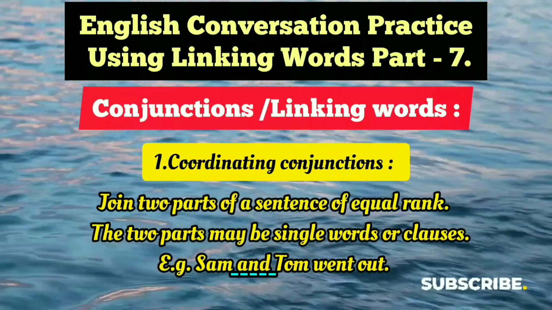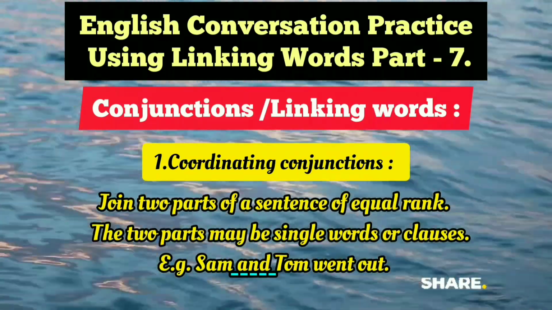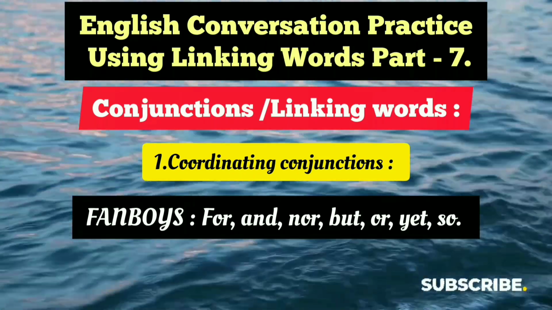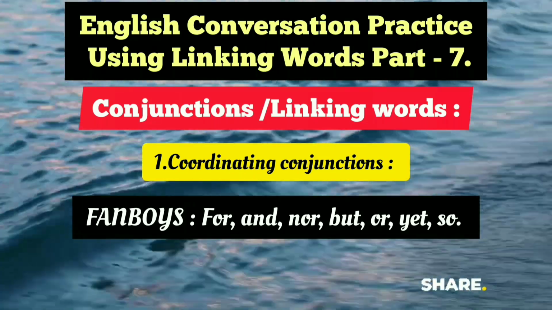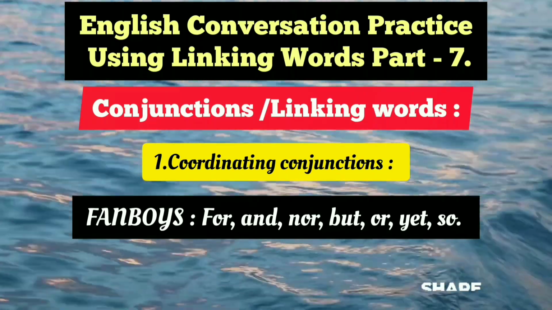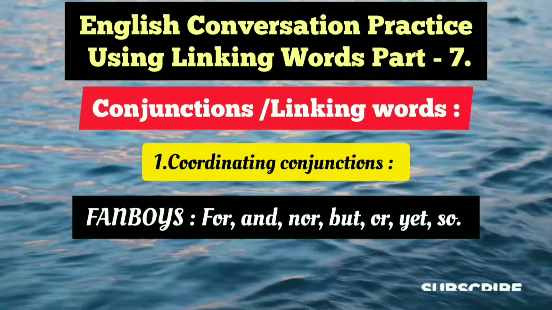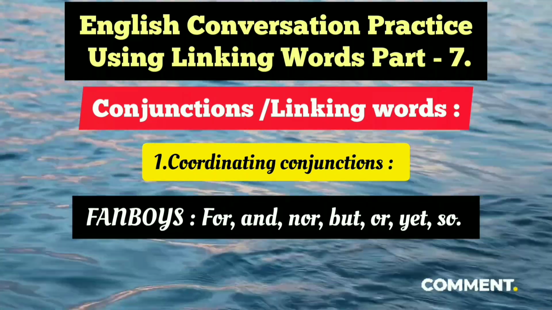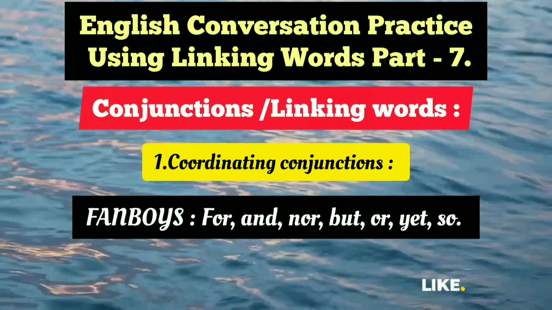Today I am going to discuss 7 coordinating conjunctions. The 7 coordinating conjunctions are short, simple words, and I'm going to discuss all of them today, and we have to remember them. The best way to remember all the 7 conjunctions is by this word FANBOYS. Let me break it up.